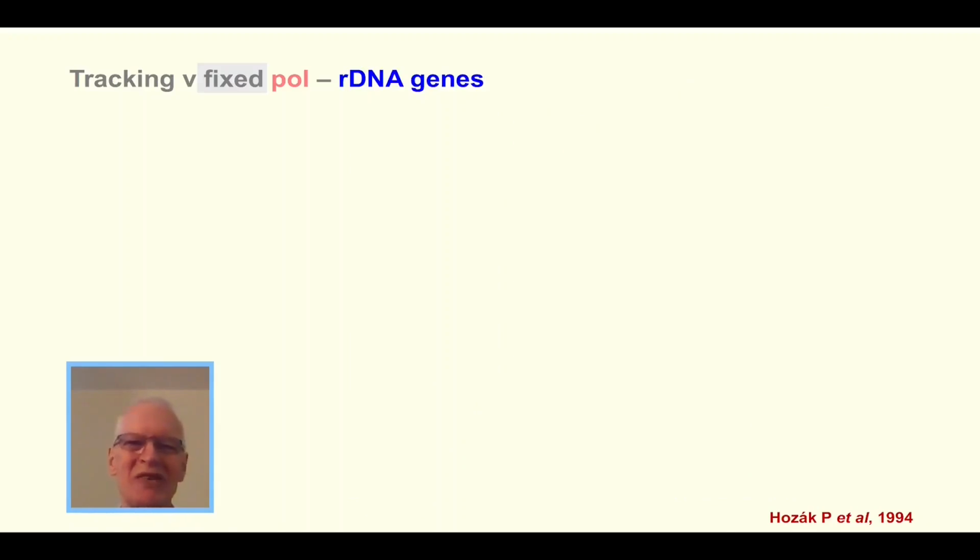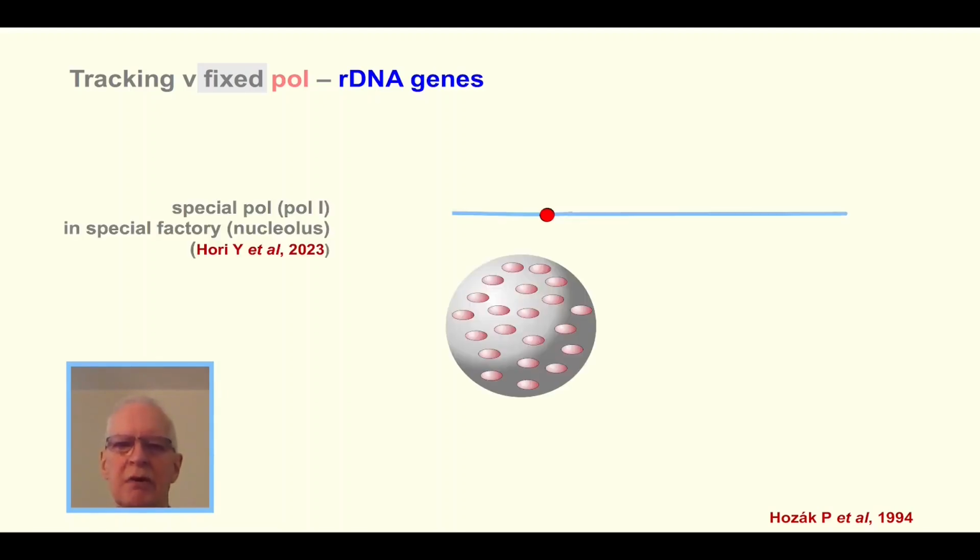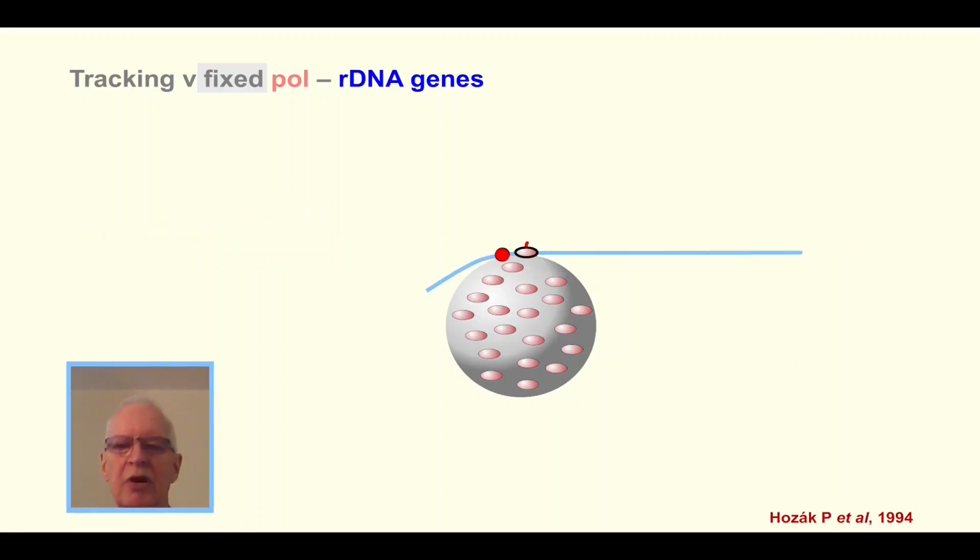I'm going to reprise again and show you how the iconic image was obtained. Usually it involves one special kind of gene being transcribed by a special kind of polymerase in a special factory, the nucleolus. And so we imagine the promoter approaches a factory, it initiates in a polymerase.